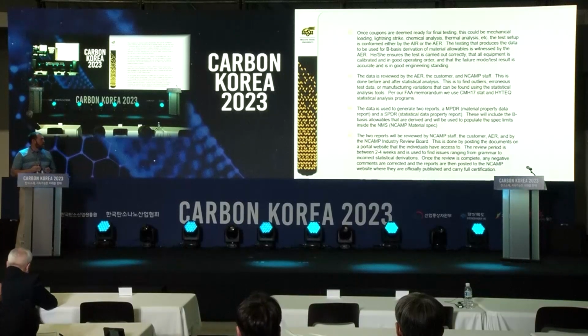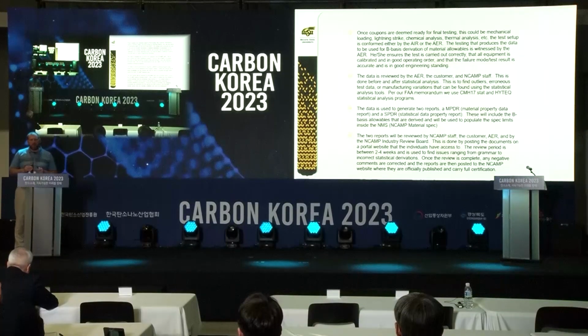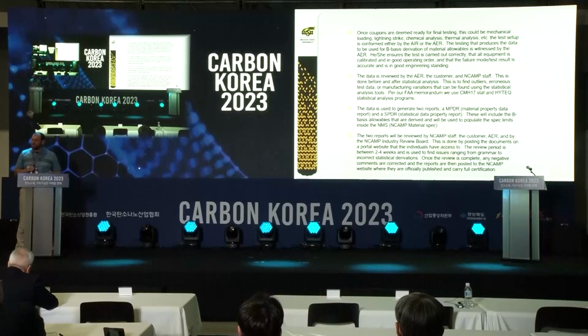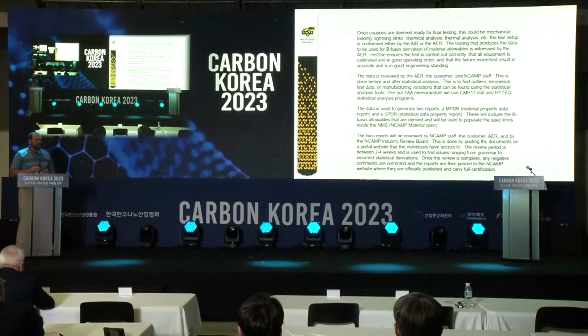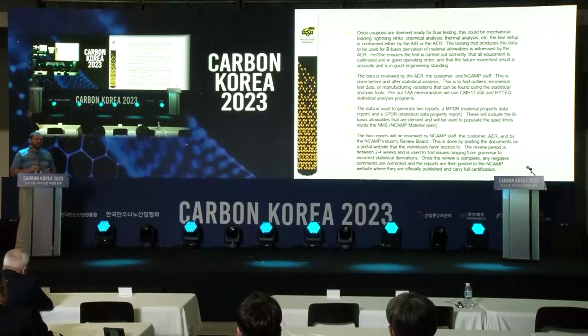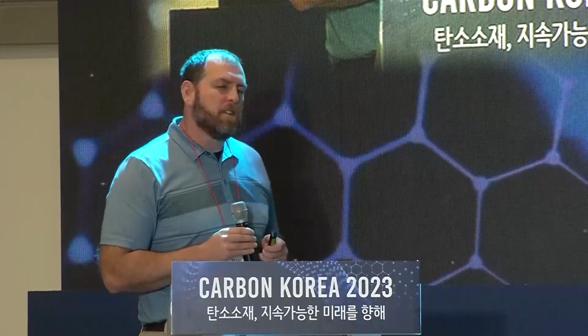The testing phase is reviewed by the AIR to make sure all of the equipment is actually appropriate for the tests that are called out in the test plan. And from there, the testing is witnessed by the Airworthiness Engineering Representative again to ensure that the data makes sense from coupon to coupon, as well as the proper failure modes are received. And from there, that data is considered usable for the statistical analysis.